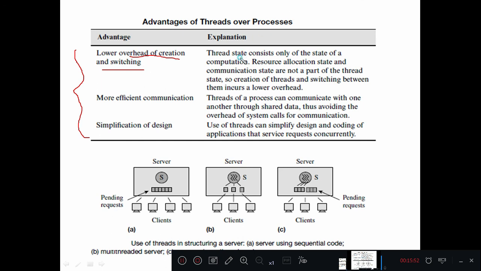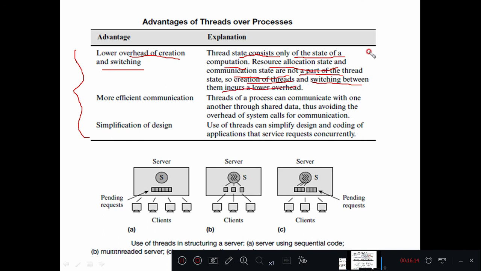The thread state consists only of the state of computation. Resource allocation state and communication state are not a part of a thread because they are part of the process. So creation of threads and switching between them incurs a lower overhead.